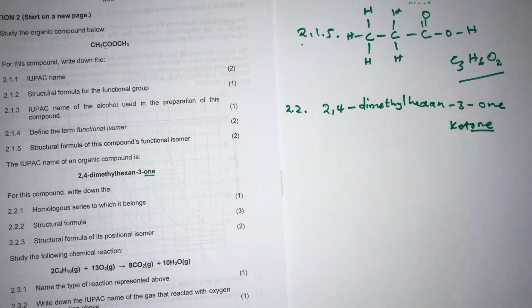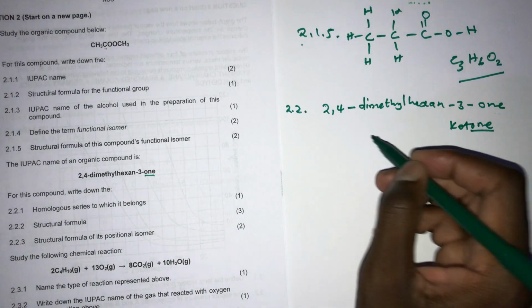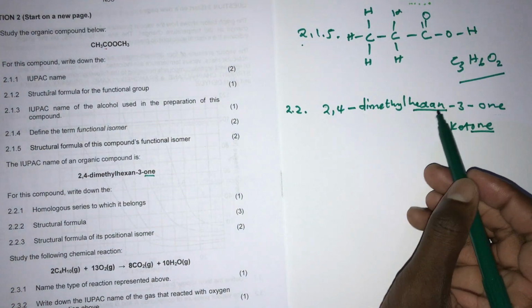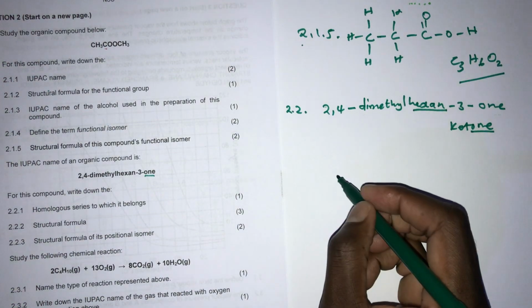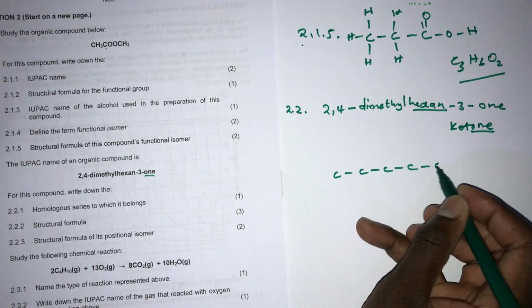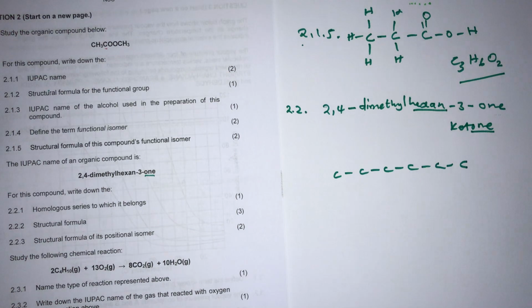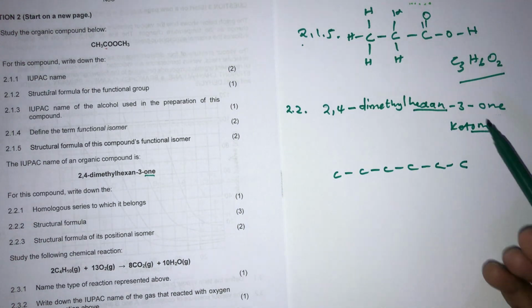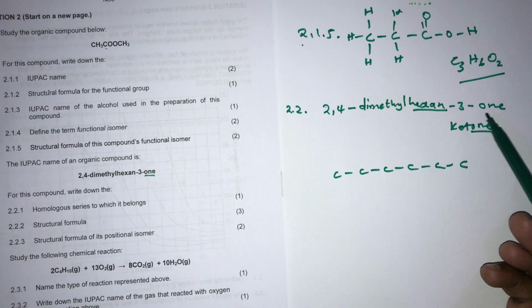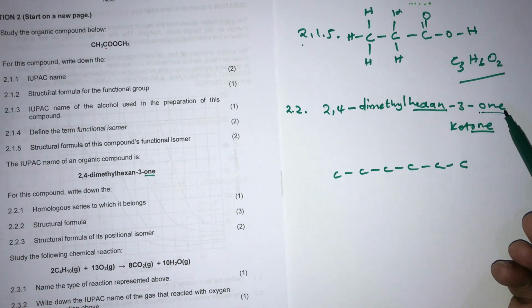So before we answer the questions, we must draw the structural formula before they ask us. How many carbon atoms? Hex, that means 6 carbon atoms. So this is 1, 2, 3, 4, 5, 6. And then let's check. In carbon atom number 3, there is a functional group which is a ketone.